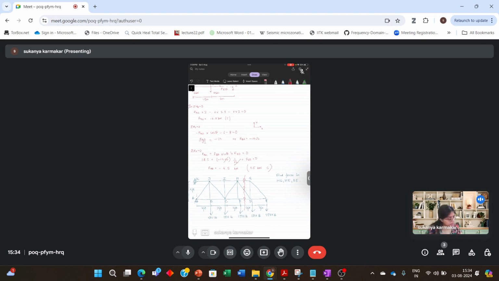So let me name this section A and take the right hand side of the truss and draw its figure.